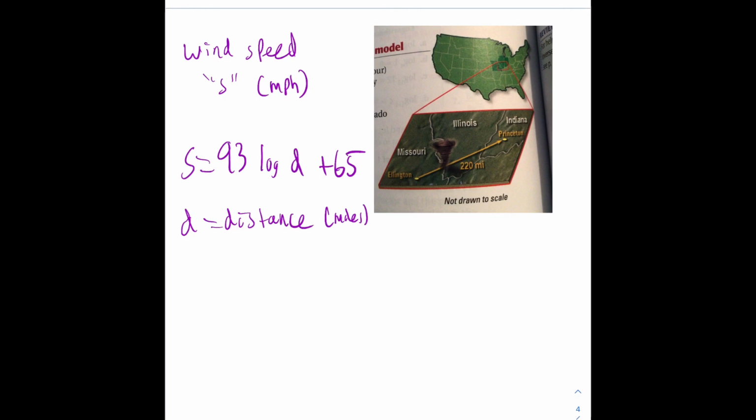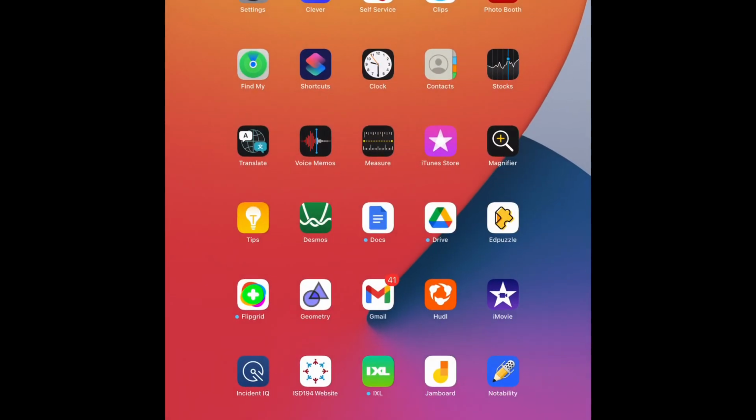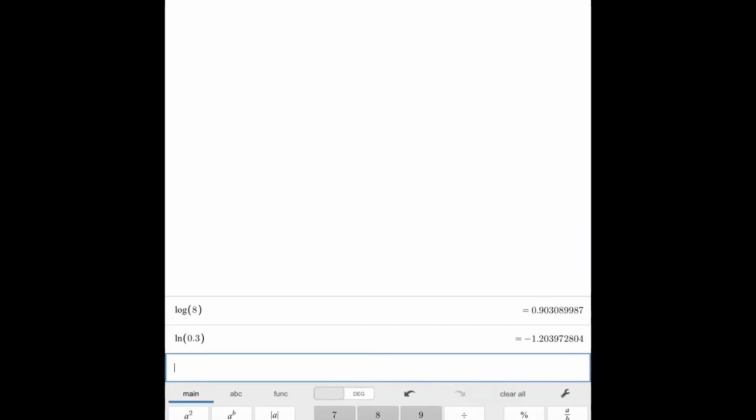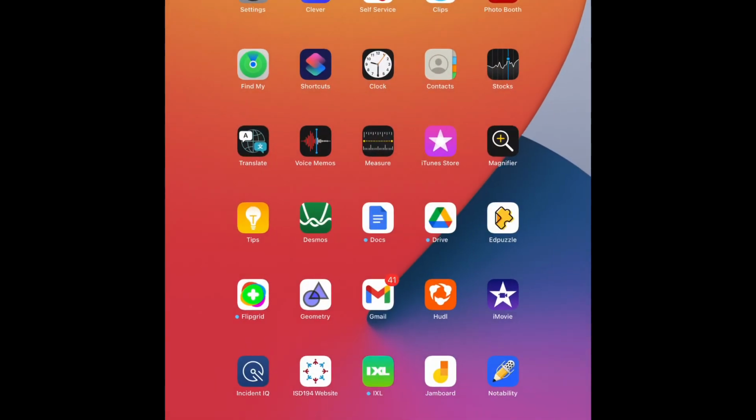So if we take our equation, S equals 93 log D, D in this case is going to be 220. So I'm going to plug in 220 right here and then plus 65 at the end. Let's use our calculator to figure out what log of 220 is. And that's about, let's say 2.342.